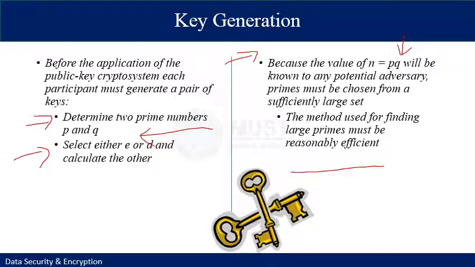As an example, one of the more efficient algorithms for finding prime numbers is the Miller-Rabin algorithm, which was discussed in lecture number 5. With this algorithm and most similar algorithms, the procedure for testing whether any given number n is prime is to perform some calculation that involves n and a randomly chosen integer a.